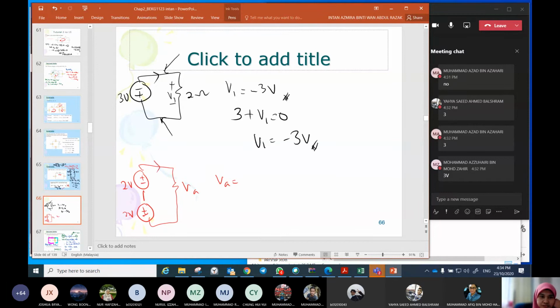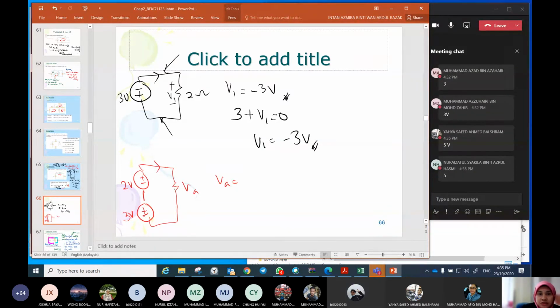Current flows like this. Without writing KVL equation, can you guess what's VA?